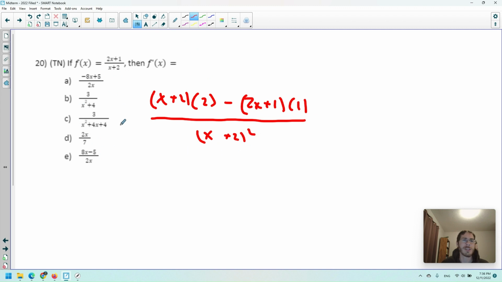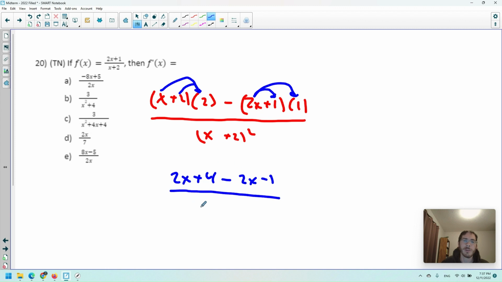All right, so I don't have that as any of my answer choices. That means this question creator wanted us to multiply everything out. So 2x plus 4 minus 2x minus 1. x plus 2 squared is x squared plus 4x plus 4. 2x minus 2x is actually going to cancel out, which is kind of fun. 4 minus 1 would be 3 over x squared plus 4x plus 4.